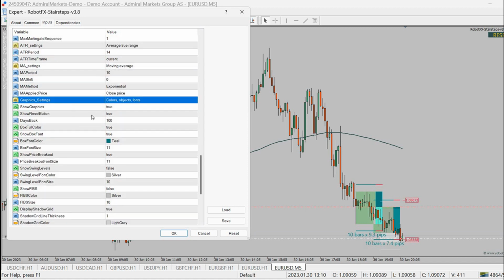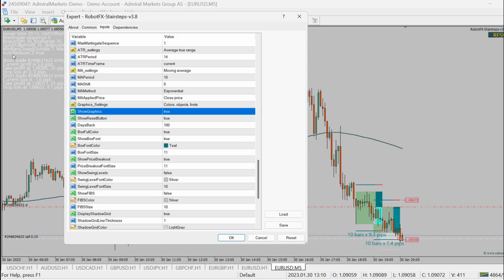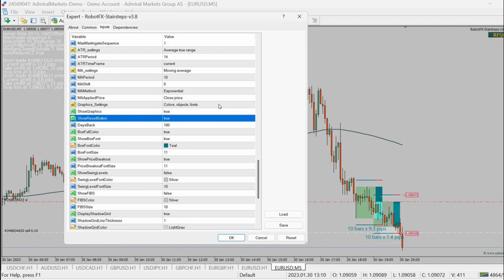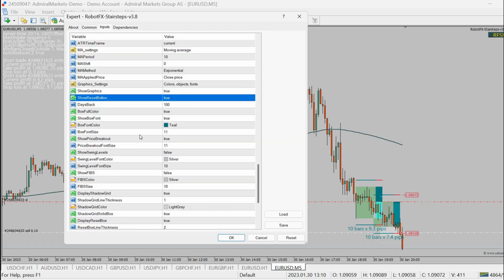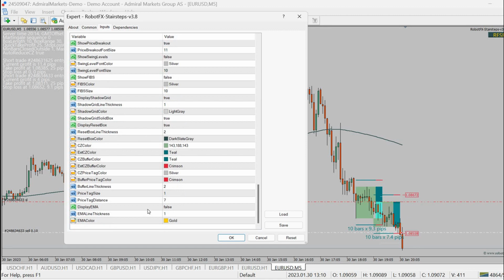And then we have the graphic settings that I will not talk about, except to say that there's the possibility to enable or disable the graphics, which is also the comments on the left side of the chart, and to show or hide the reset button. The reset button, once clicked, will reset the consolidation zones on the chart and recalculate them again. It is useful to clear the chart and restart.